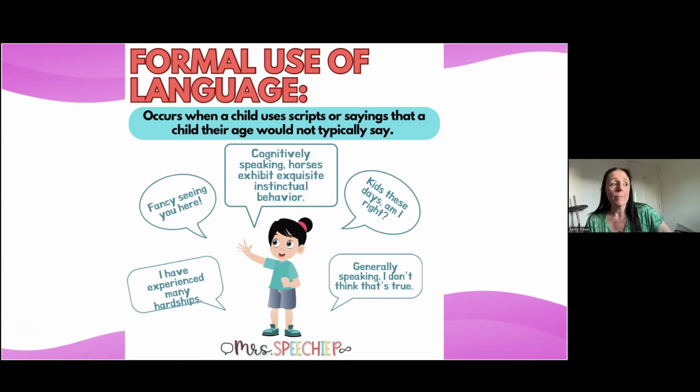I don't see him, but he very much enjoys seeing me, and he calls me Mrs. Frewin. And the other day he said to me, "Ah, Mrs. Frewin, it's wonderful to see you. I haven't seen you since the last time I saw you." And it was just delightful, but he just doesn't sound like a kid. And it's that kind of style that you might see with these Gestalt language processors.